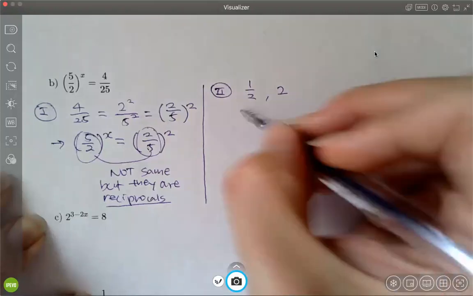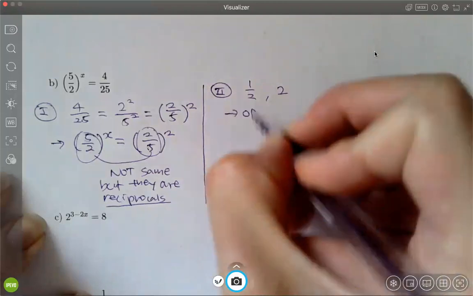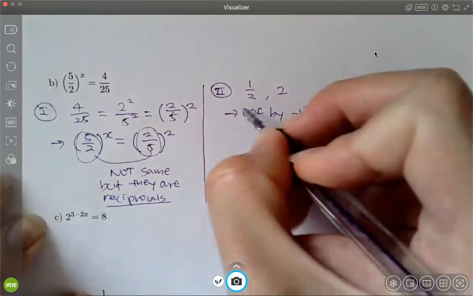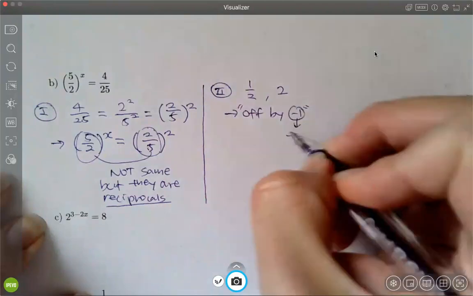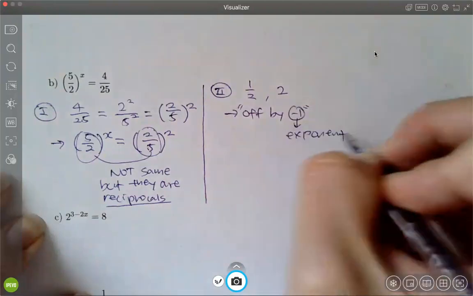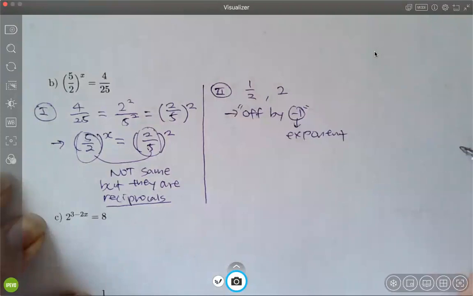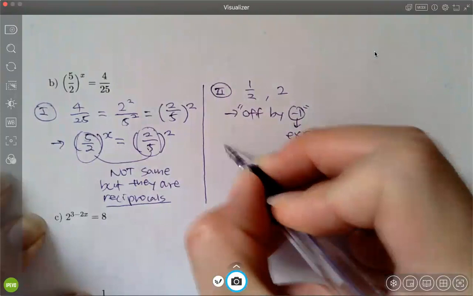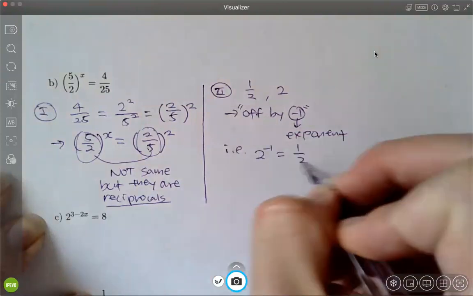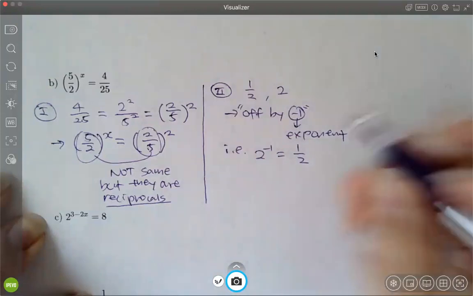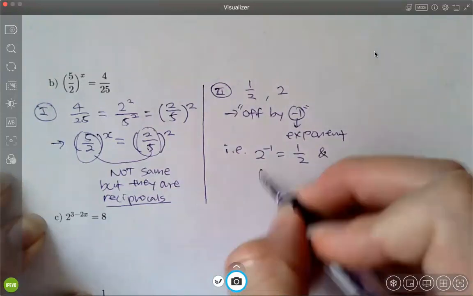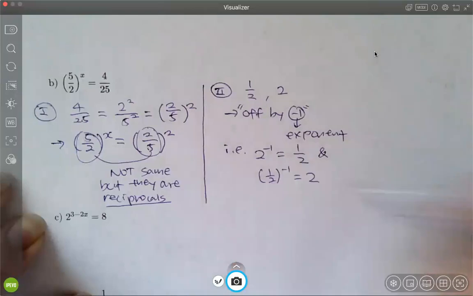What does it mean by off by -1? That -1 is in the exponent, right? Do you see that? In other words, 2 to the power -1 is 1/2, and similarly, 1/2 to the -1 is 2, right?